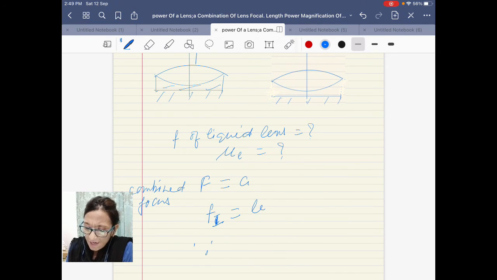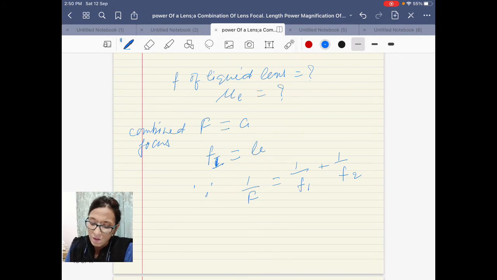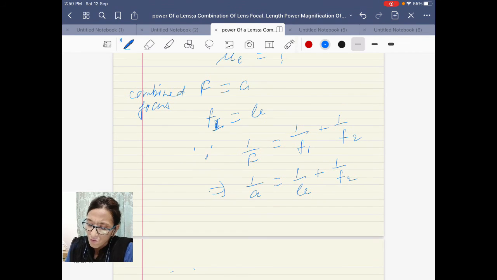So you know that in a combination of lenses, the net focal length is related to the other focal lengths by this formula: 1 by focus net is equal to 1 by F1 plus 1 upon F2. And this implies that 1 upon A is equal to 1 upon B plus 1 upon F2.